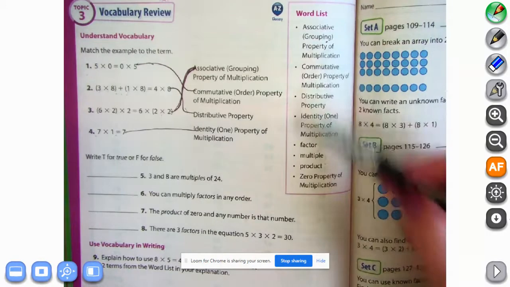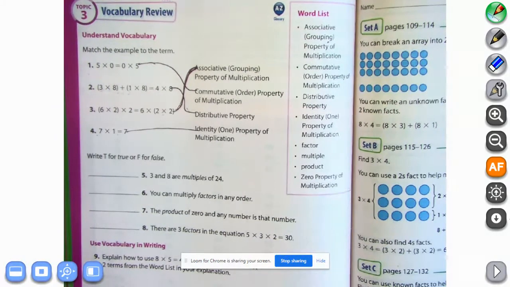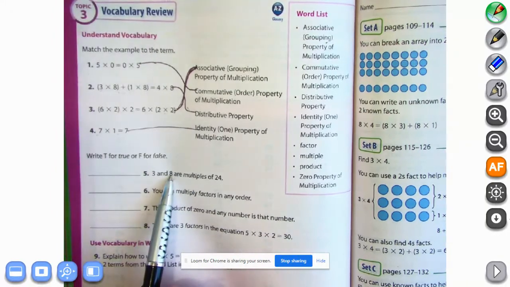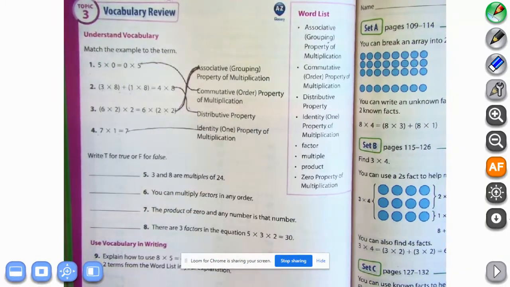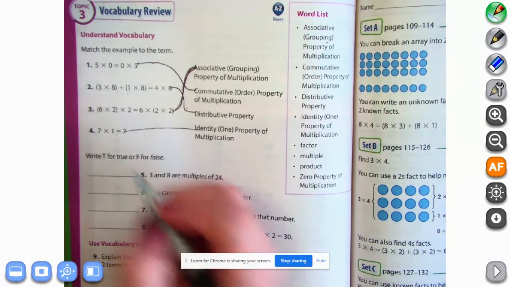So we've learned all of those. Look how much you guys have learned this year. So much. We're going to do true or false on the next 4 problems. 3 and 8 are multiples of 24. 3 times 8 equals 24. So is that a multiple? Yes.